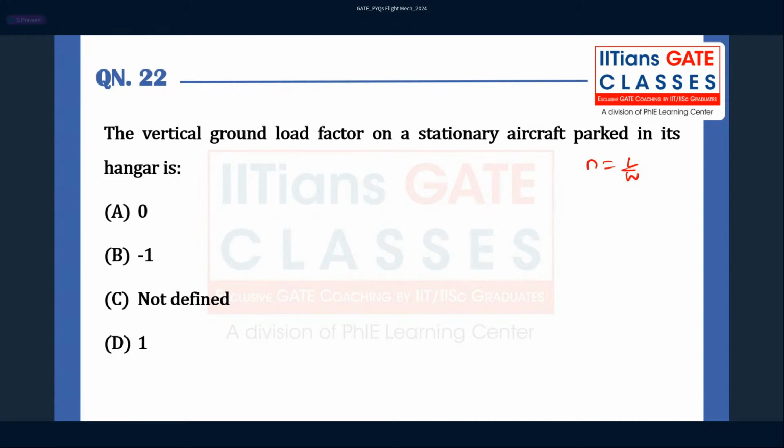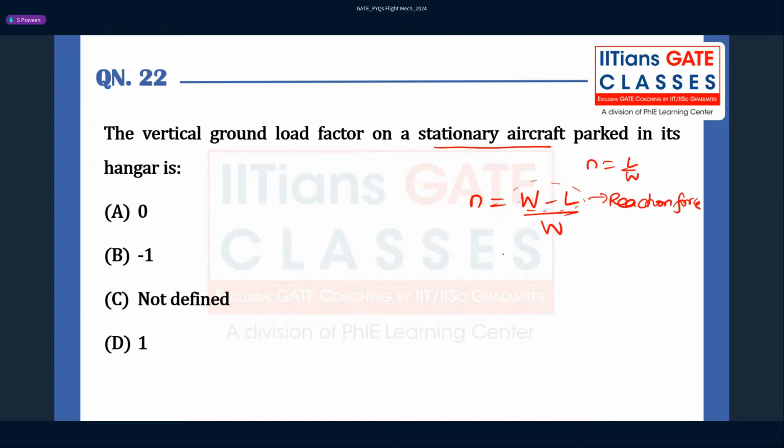Because when you have an aircraft parked, the ground offers a reaction, right? The reaction balances the weight, right? So you have to modify your definition accordingly. So for this case, the vertical load factor on a stationary parked aircraft can be written as (W minus L) by W. It's basically the reaction effect, this is basically the reaction force, right?